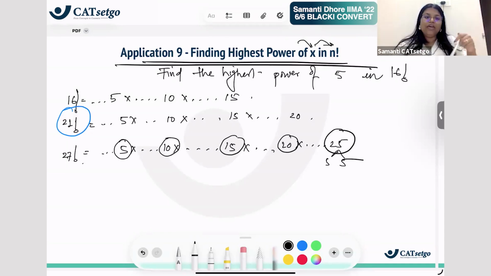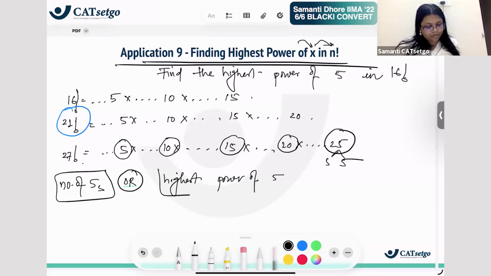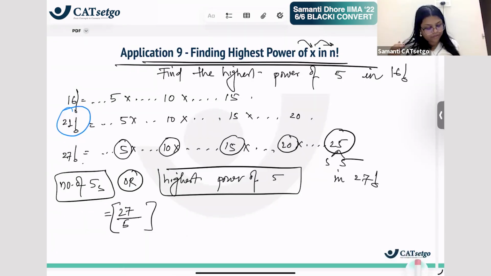So how are you going to account for that? You're going to account for that like this. The number of 5s, or the highest power of 5, in 27 factorial or any number for that matter is given as 27 divided by 5, first take its greatest integer function. 5 fives are 25, so 5 will come from here, plus try 5 square also.